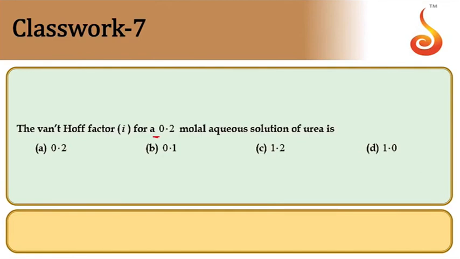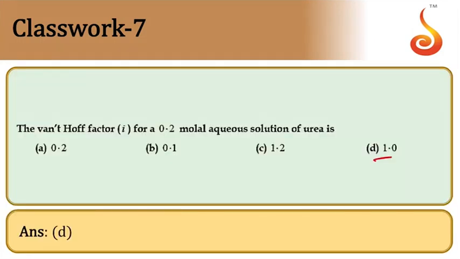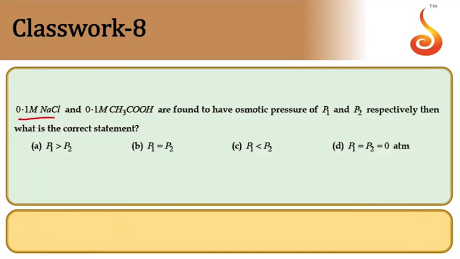Then Van't Hoff factor i for 0.2 molar solution of urea. Urea will not dissociate or associate. Therefore, Van't Hoff factor will be equal to 1. So that is option D. No association, no dissociation, therefore Van't Hoff factor will be equal to 1. Then 0.1 molar NaCl and 0.1 molar acetic acid were found to have osmotic pressures P1 and P2 respectively. Which of the following statements is correct? The osmotic pressure depends upon the value of i also.